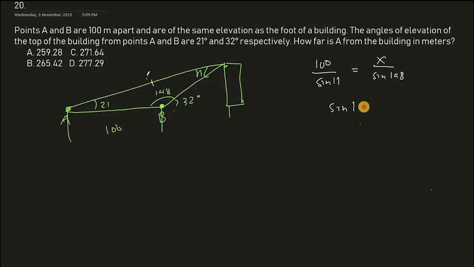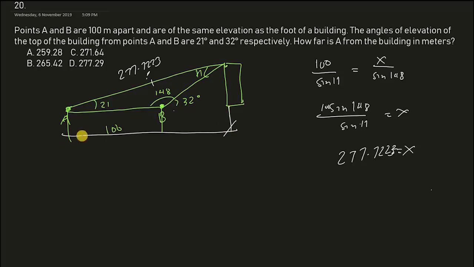So, transpose sine 148 times 100 over sine 11, that's the value of x. So, 100 sine 148 over sine 11 is equal yan sa 277, x is 277.723. Okay, let's get up to 4 decimal places now. Itong hypotenuse natin is 277.7223.